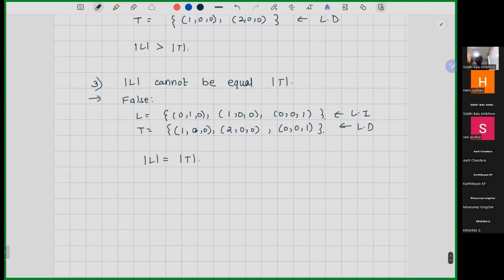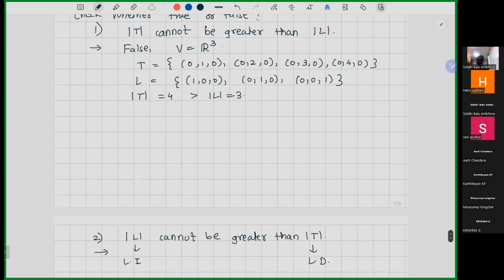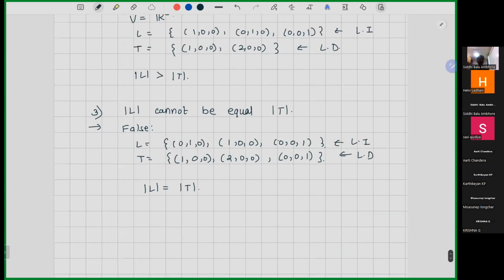That the cardinality of a linearly independent set and a linearly dependent set can have any inequality: it could be greater than, it could be less than, and it could very well be equal to each other.